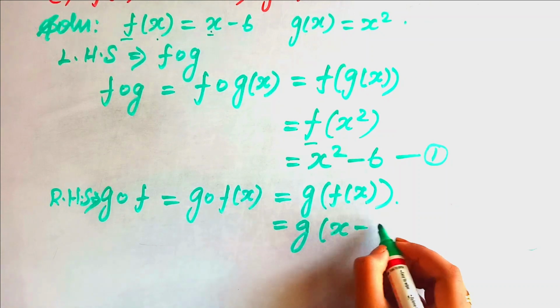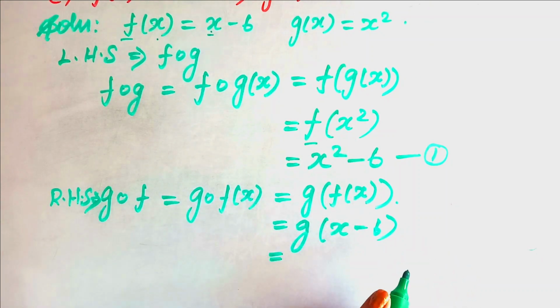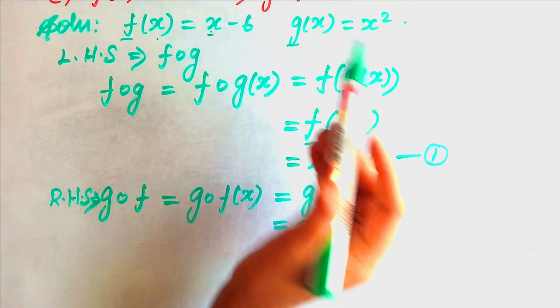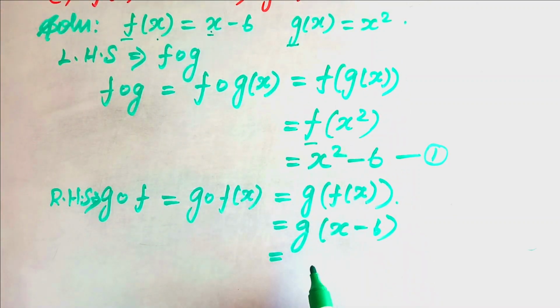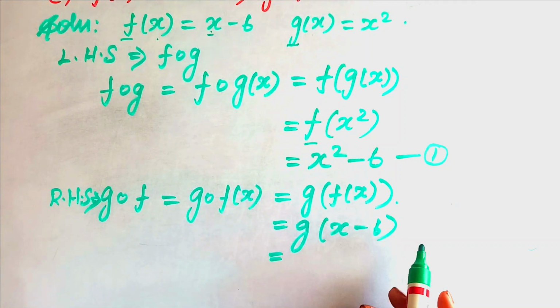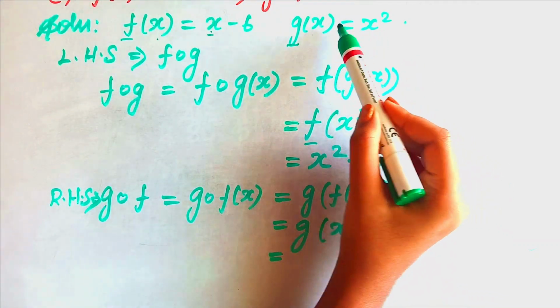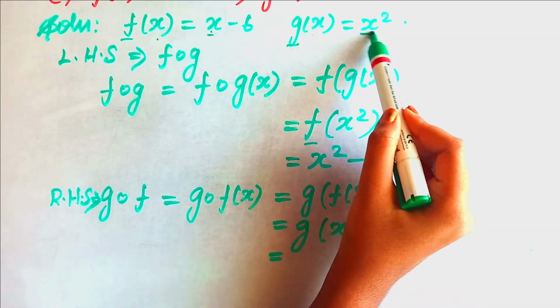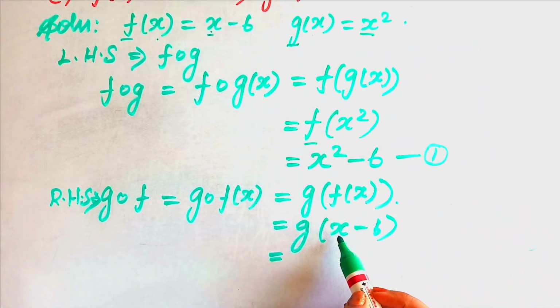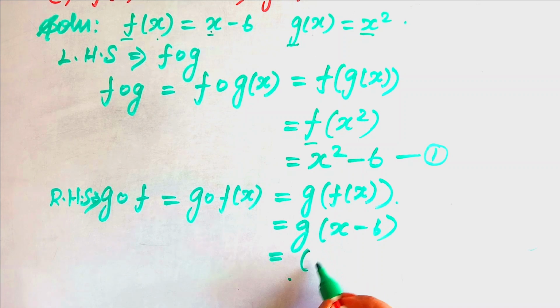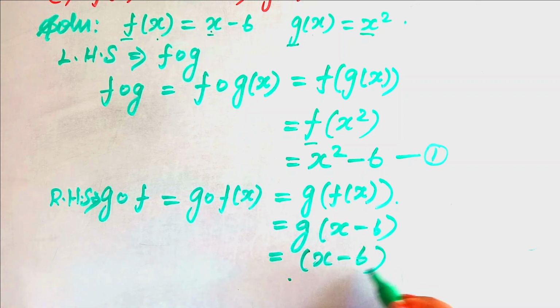So here there is a function g, and here there is a function g, but in the place of x we have x − 6. So in the equation of g(x), in the place of x you have to write x − 6, so that you will get (x − 6)².